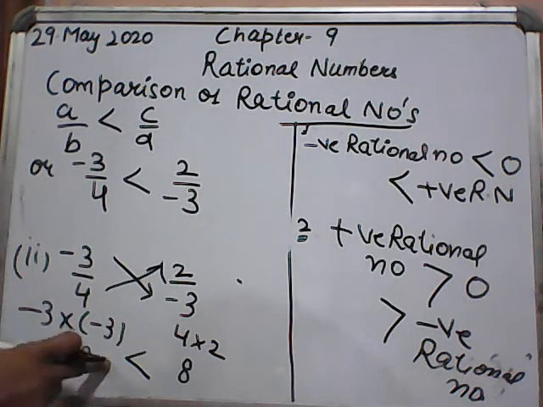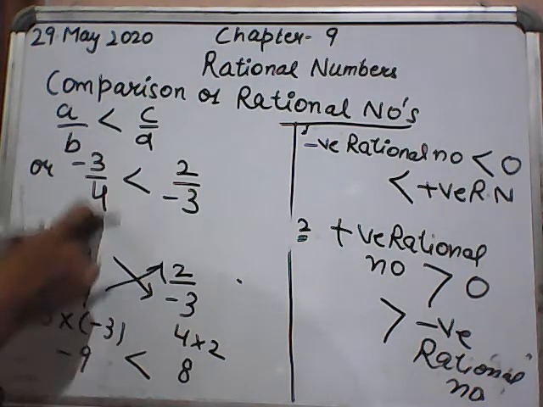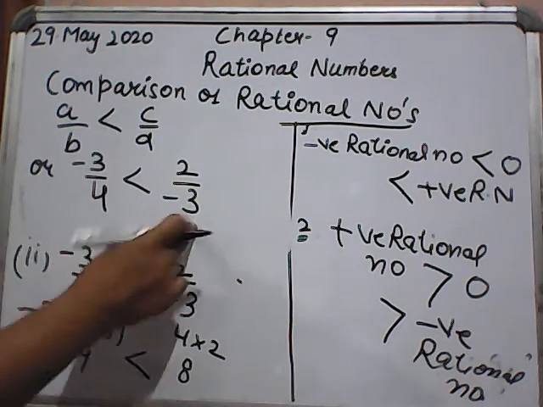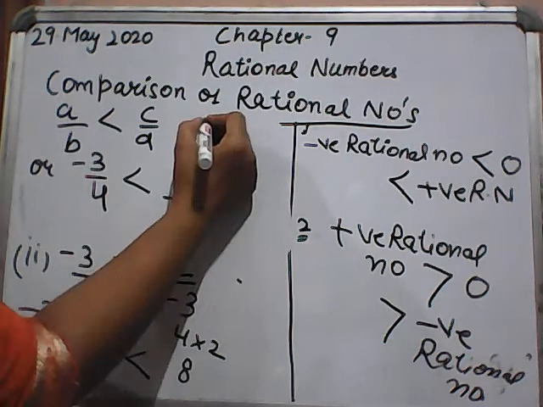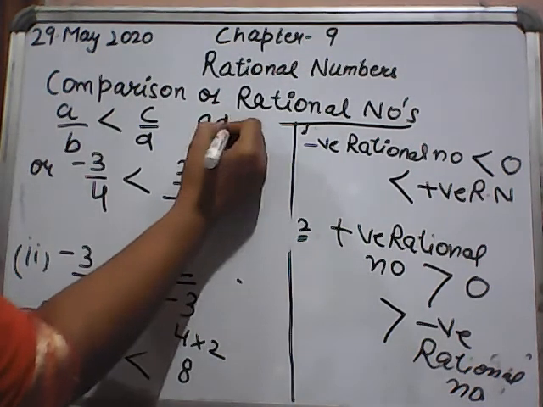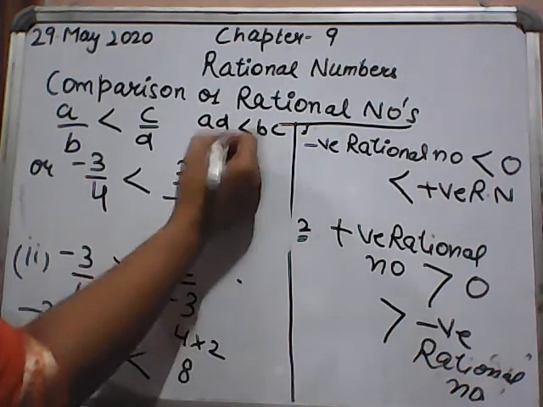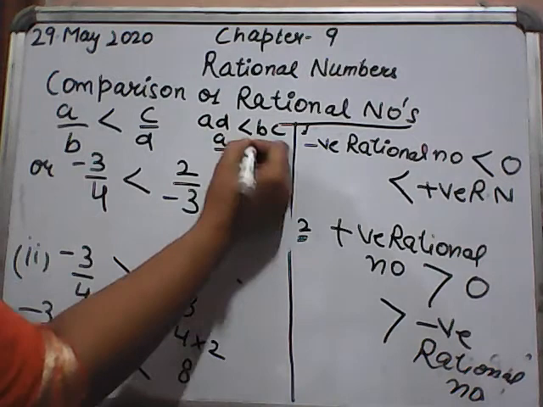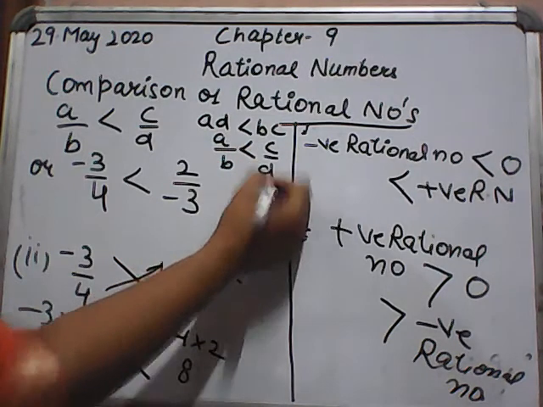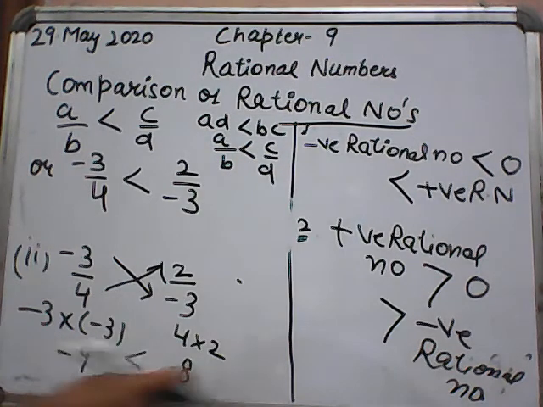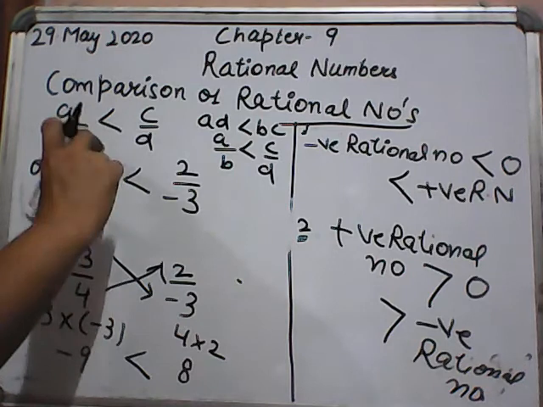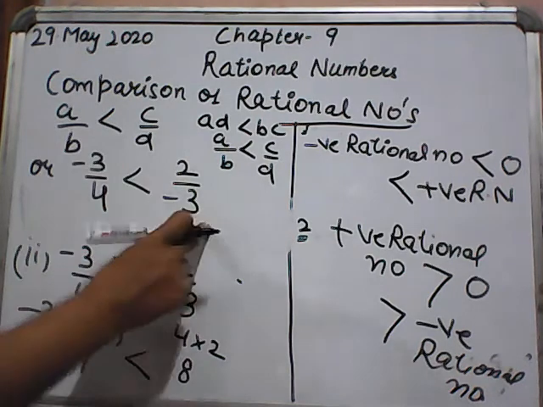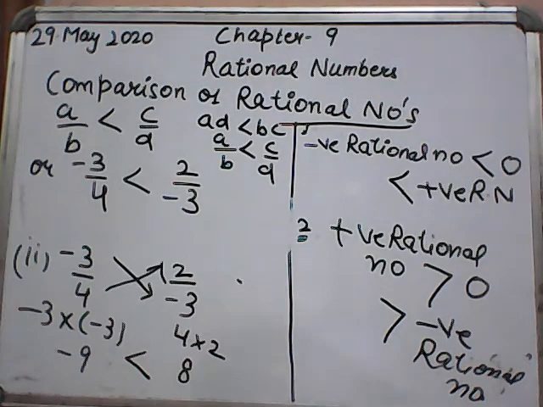This implies minus 3 by 4 is less than 2 by 3. As we get the result AD is less than BC, then a by b is less than c by d. Here AD is less than BC, that's why a by b is less than c by d. In this way, we can compare two rational numbers.